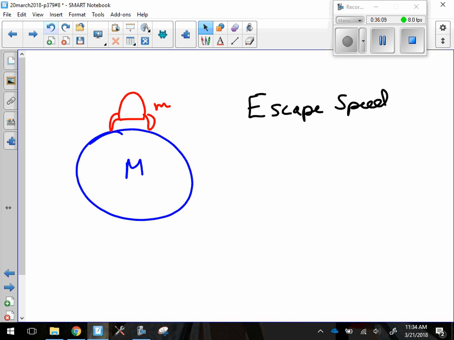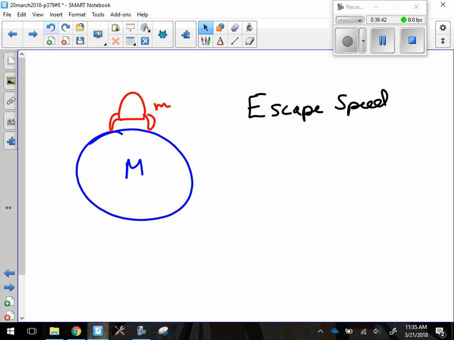It'll decrease, right? When I throw the eraser up in the air and I give it a certain initial kinetic energy, what happens to it? The kinetic energy decreases, and what does that kinetic energy become? Potential energy. So what happens to my eraser? It stops because all of its kinetic energy has become potential energy, and then that force pulls it back down.